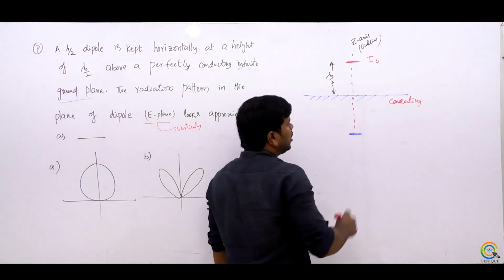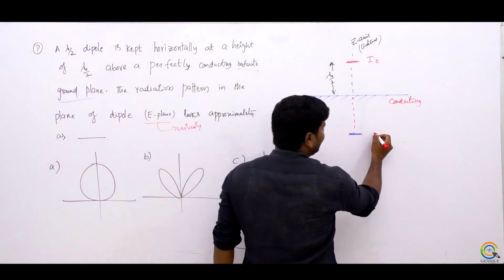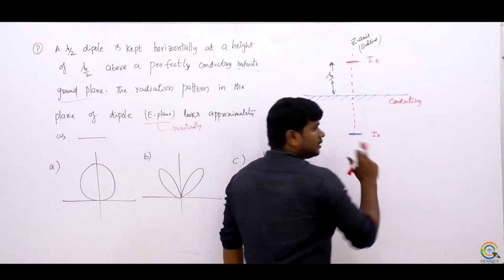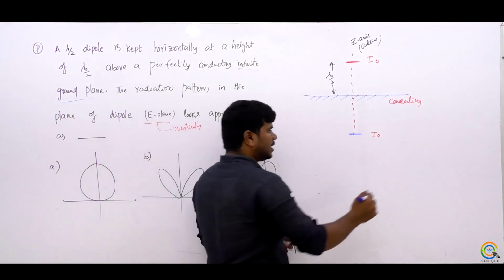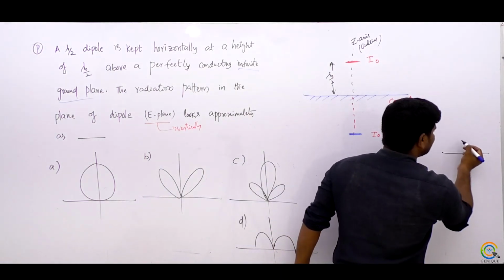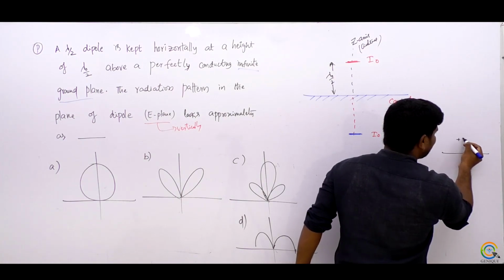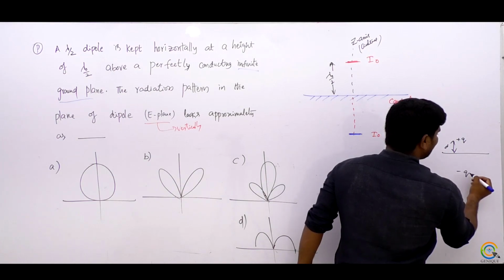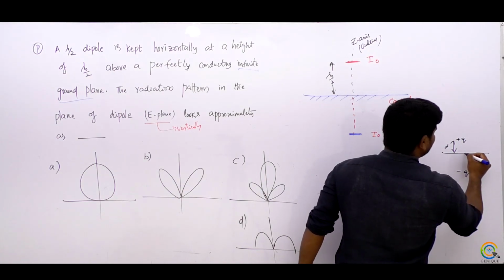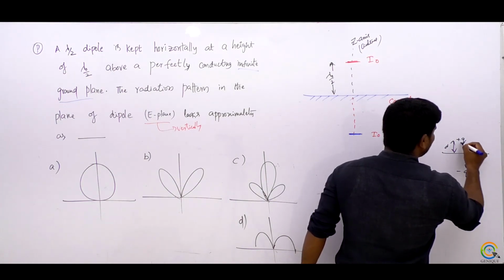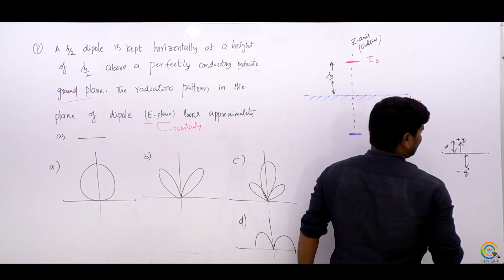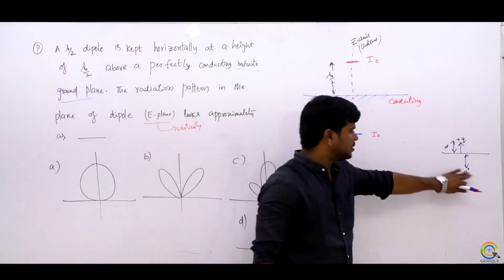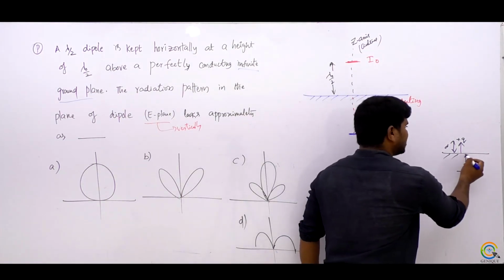How much current will be produced here? Here also I0. But according to image charges, if you place a point charge plus Q at a distance D, the same minus Q will be induced at the same distance. So minus Q will be induced because of this conducting surface.